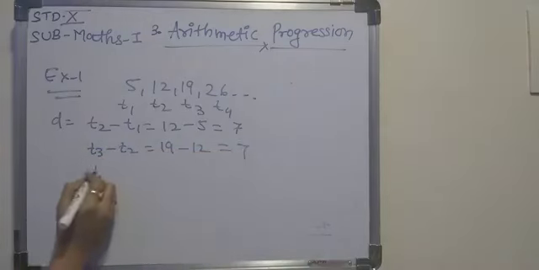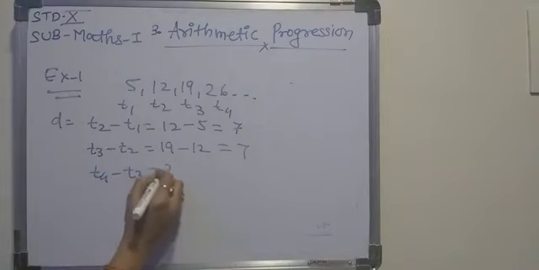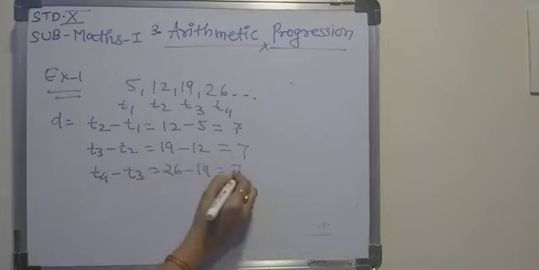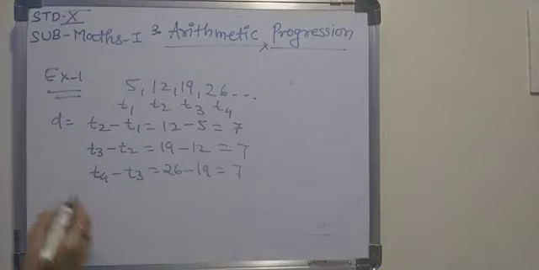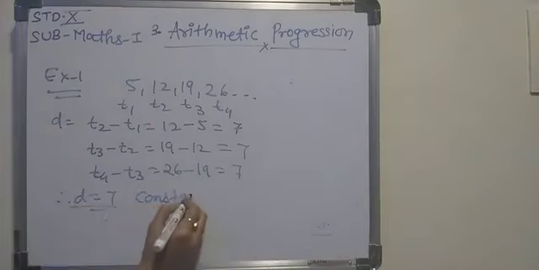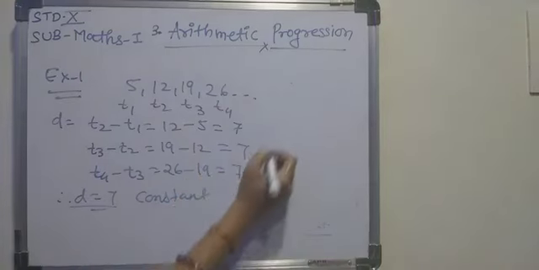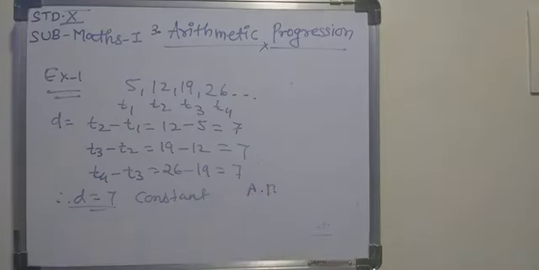Next, T4 minus T3 is 26 minus 19, again 7. So the common difference, your D value, is 7, which is constant. Therefore the given sequence is in AP. Now we have to find the next two terms. For the next two terms you have to add 7.